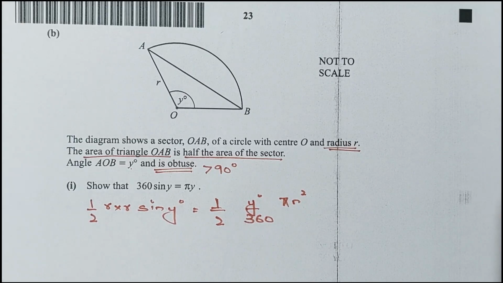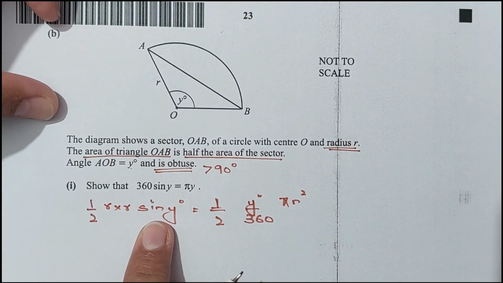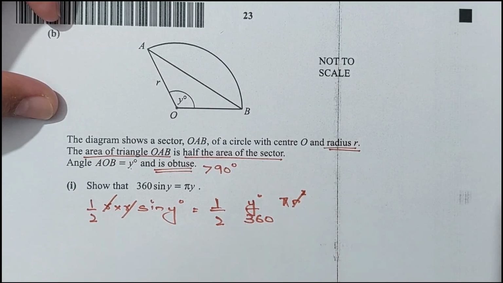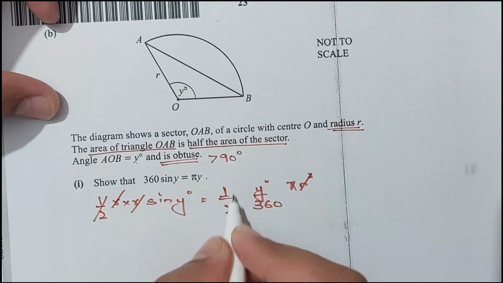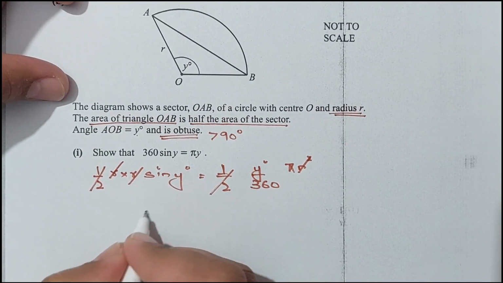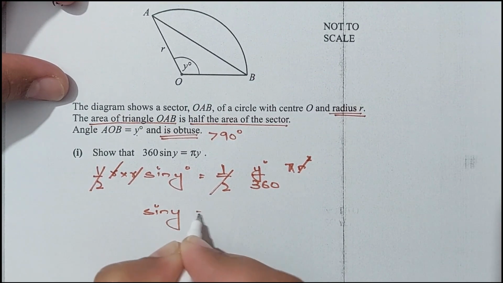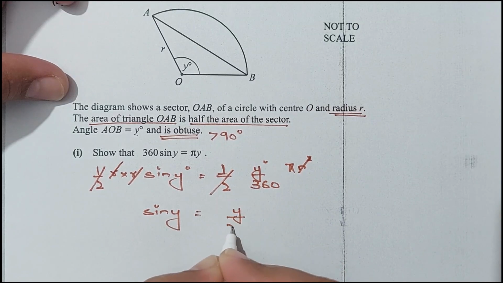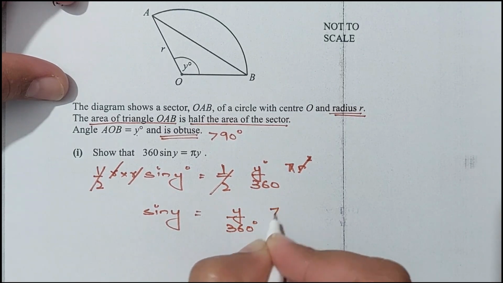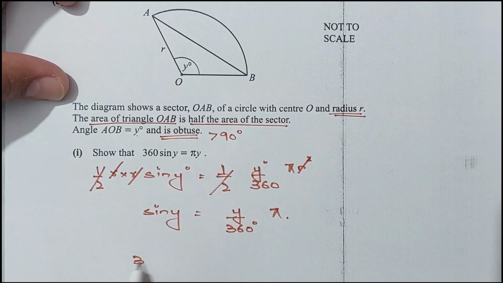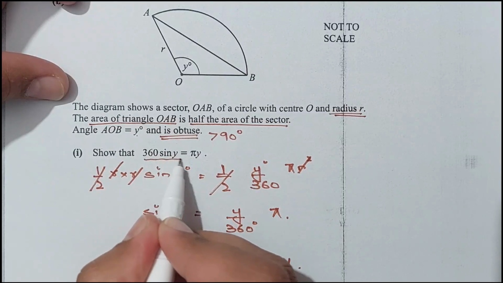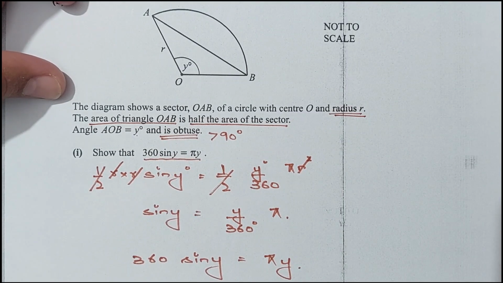Now let me simplify. Sine y stays the same, and we can cancel r squared with r squared. 1 by 2 is cancelled with 1 by 2, so we have sine y equals y over 360 times pi. So 360 sine y is pi y. This is proved, you can see, right?